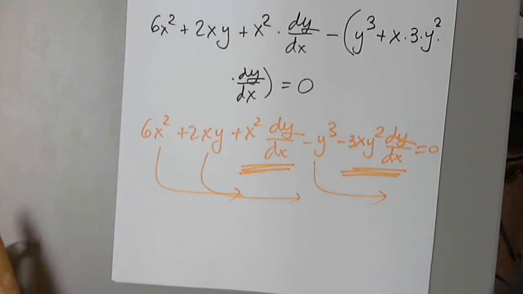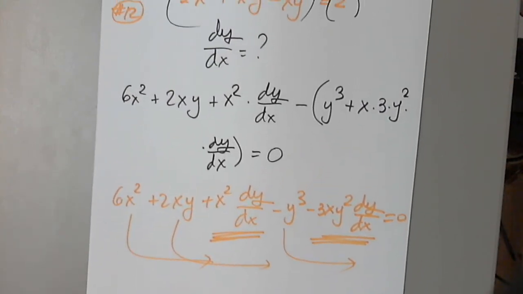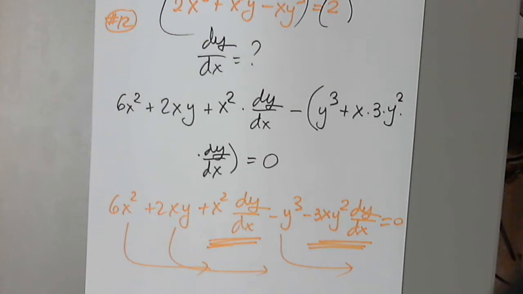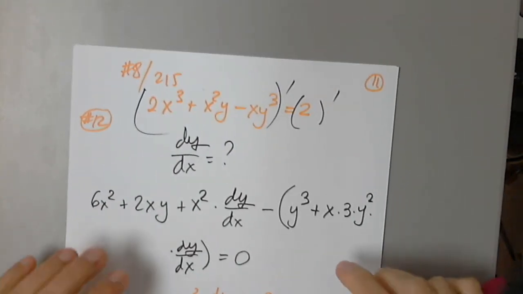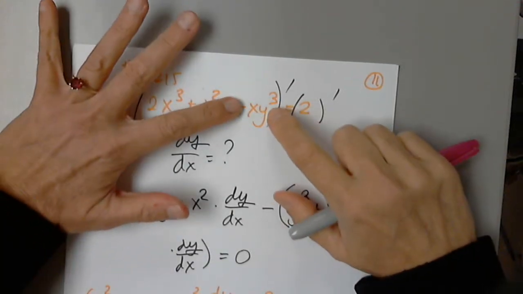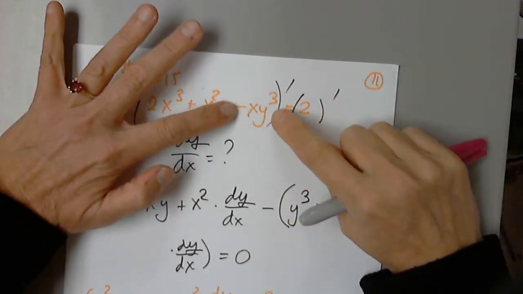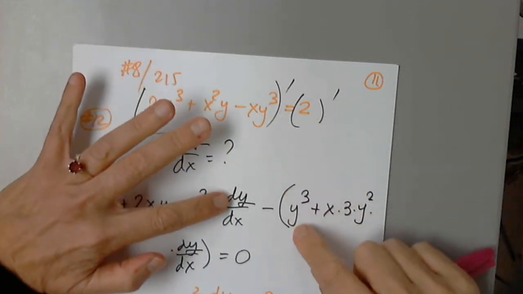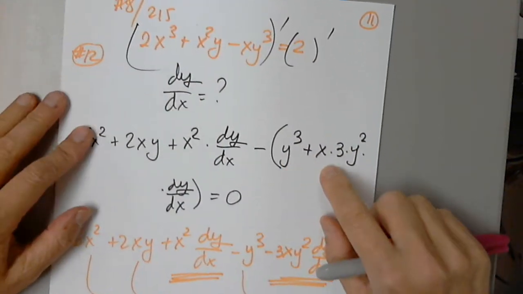Yes? For the minus xy cubed, would the x just turn to 1 and you just leave y to the third? Which part are we looking at? At the second step, when we were differentiating, here? In this one? No. Down, yeah, right there.